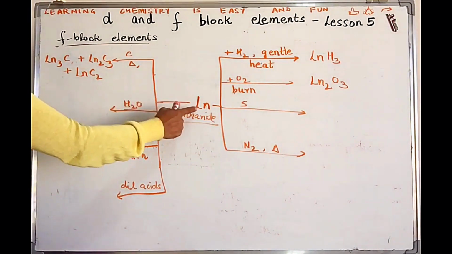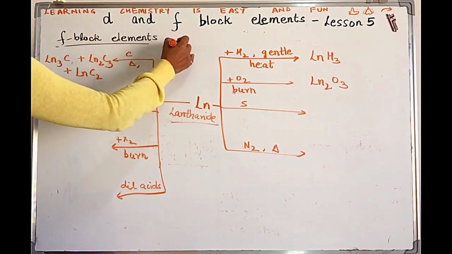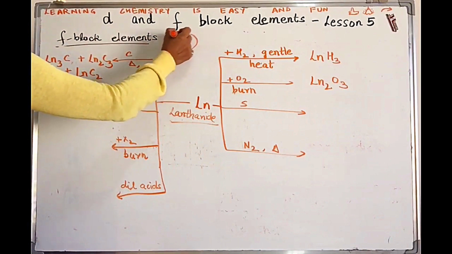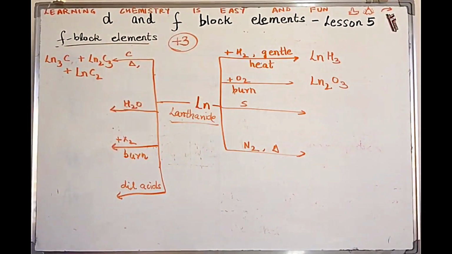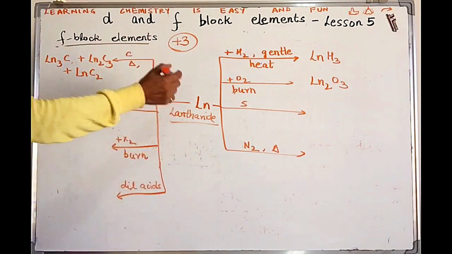Ln stands for any lanthanide and the only thing you have to remember is that the oxidation state shown by most of them is +3. This was one of the points we covered in lanthanides. That means you talk about lanthanides as valency 3 and that's it. You can write the formulas yourself.